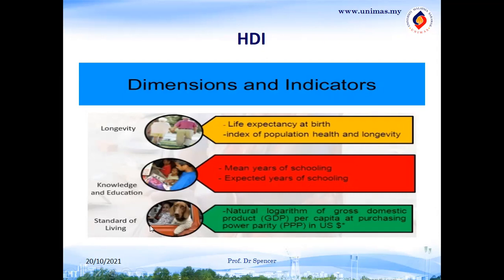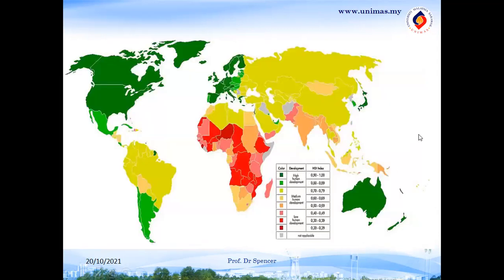And then the standard of living, which is determined by income, is the natural logarithm of gross domestic product per capita at purchasing power parity. So these three are combined, tapi weightage tak sama, but it is used consistently to measure HDI across countries.